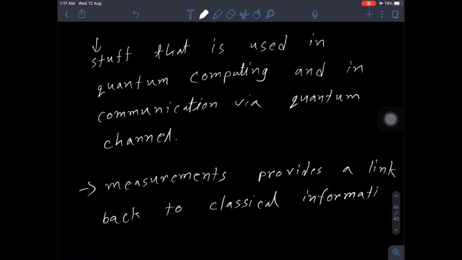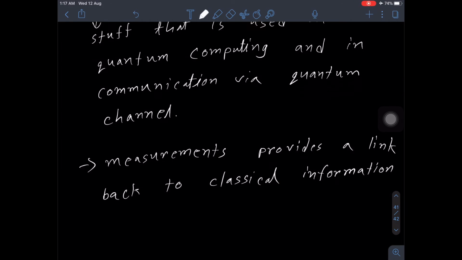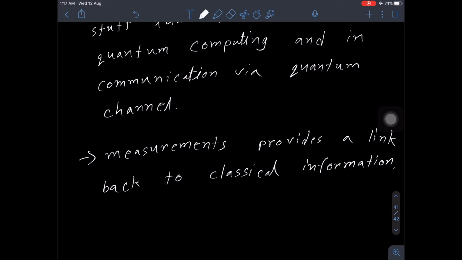Because when you perform a measurement, it collapses and you precisely get a known quantum state. And that is where you connect it with classical information. So quantum information is a bit more general.